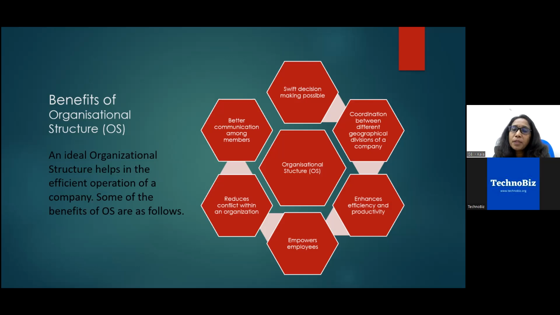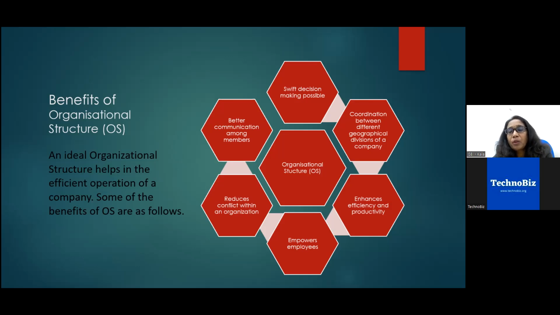Okay, how is swift decision-making possible? The organizational structure helps the flow of information effortlessly across different levels of management. It enables quick decision making and coordination between different departments or different geographical divisions of a company.